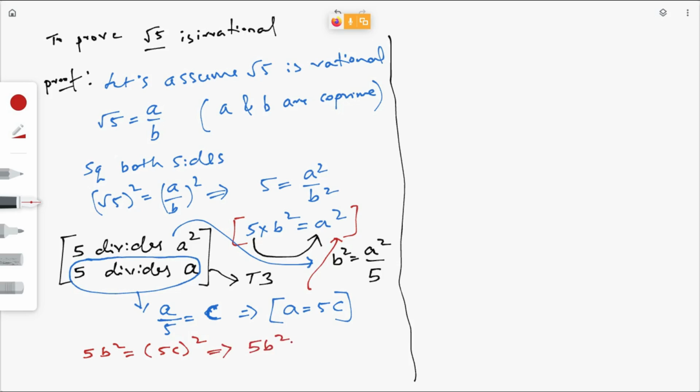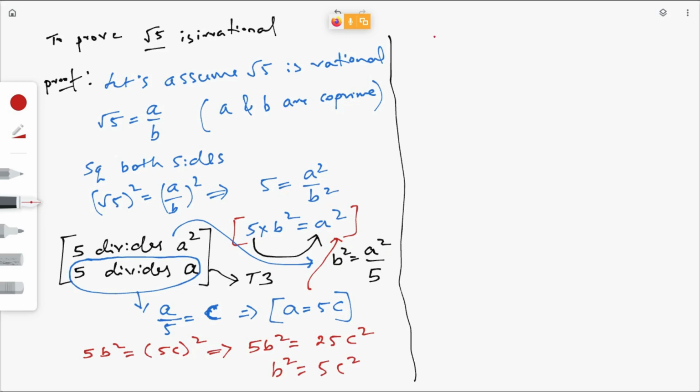So 5b square is equal to 25c square. Okay, or b square is equal to 5c square.